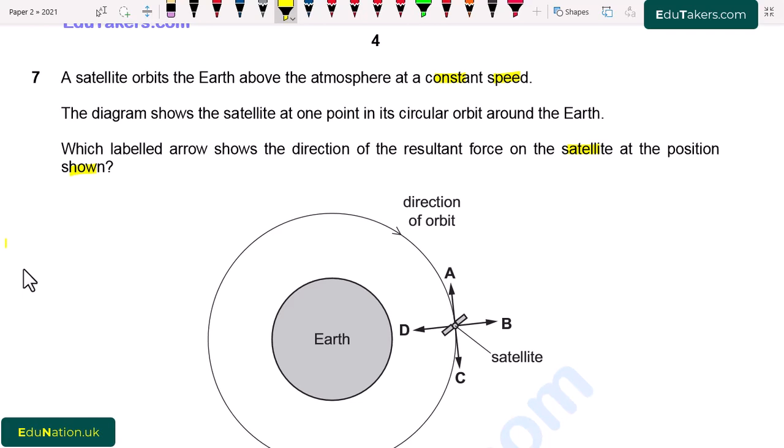So which direction is the resultant force? When the object is moving in a circular path, there is a force acting towards the center of the circle. So in this case, the force will be acting in the direction of D. So option D is correct. In the direction of D, the resultant force on the satellite is acting.